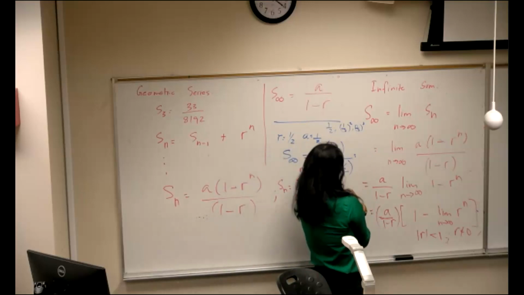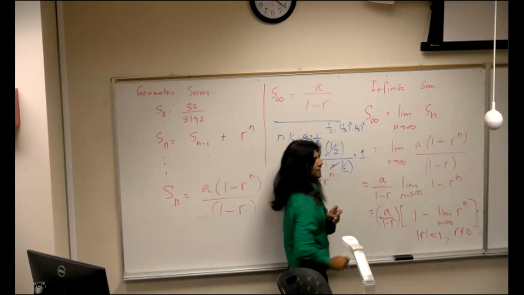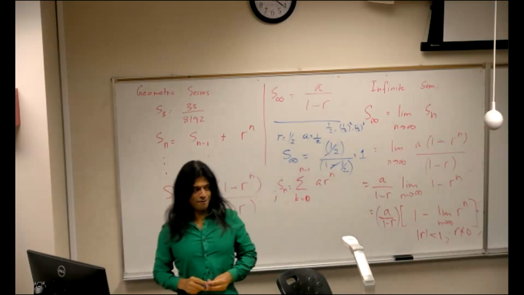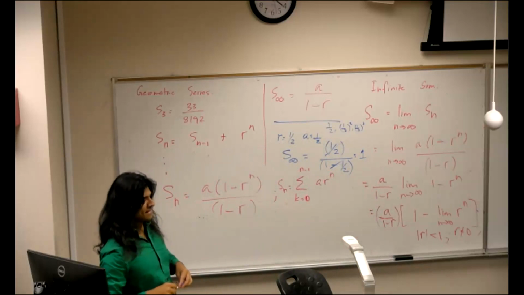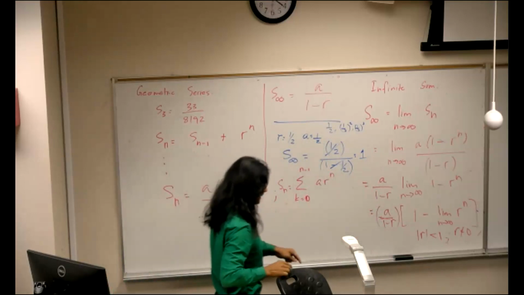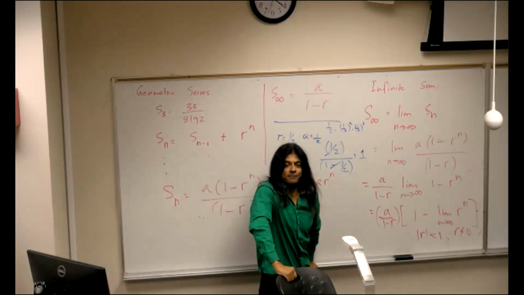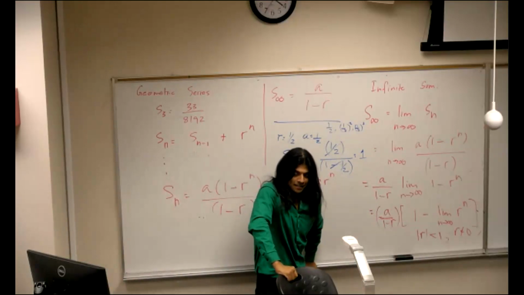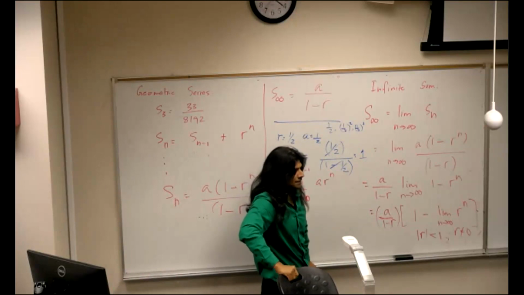So those two will get cancelled. 1. So if I deposited 50 cents today, and it grew geometrically as a geometric sequence, and I waited for all eternity, I would have a dollar.